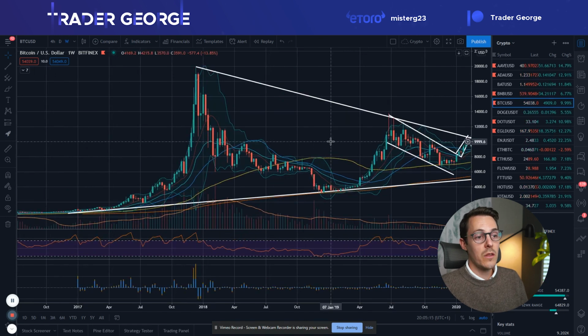So another one of the important reasons why support and resistance levels occur is less to do with psychology and more to do with the size and quantity of buyers and sellers.